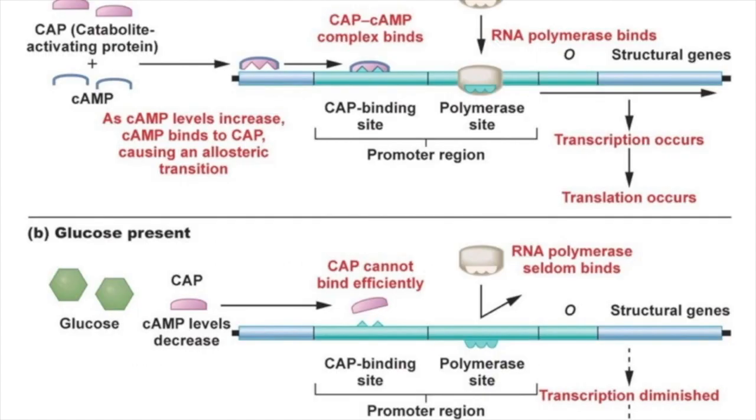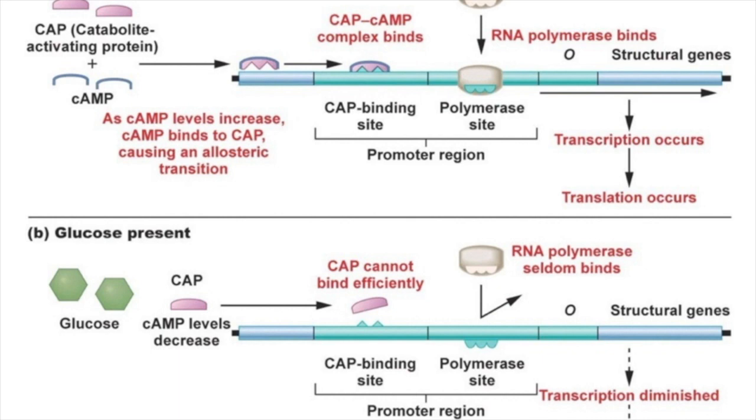Here's how the catabolite activating protein works. When glucose is absent, this catabolite activating protein, CAP, interacts with cyclic AMP. When the two interact, they form what I'm going to call the CAP-cAMP complex, the two of them together.